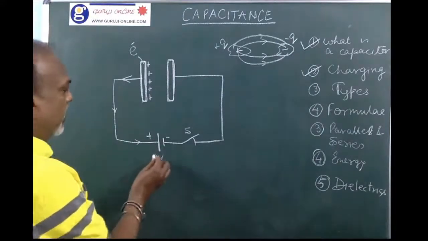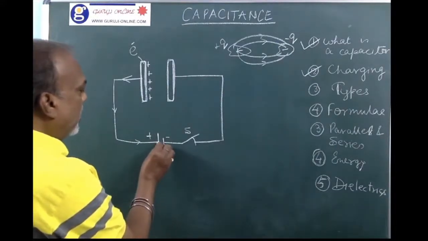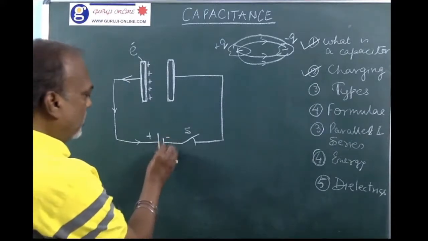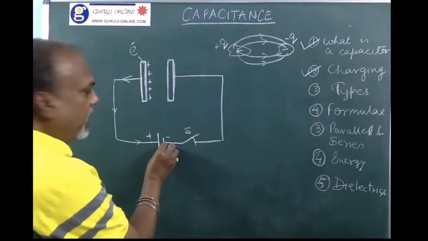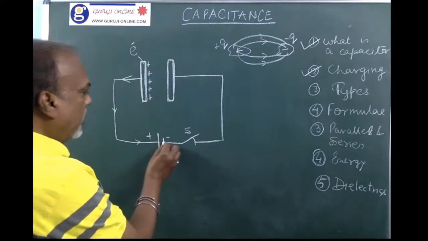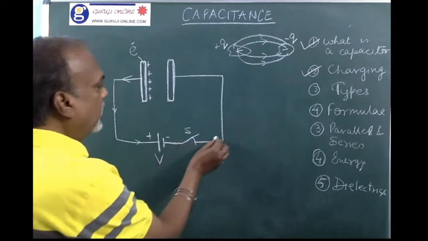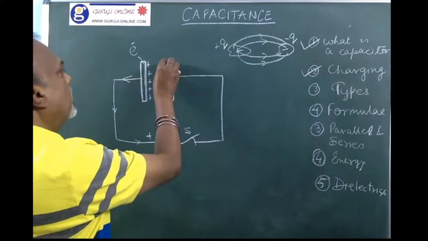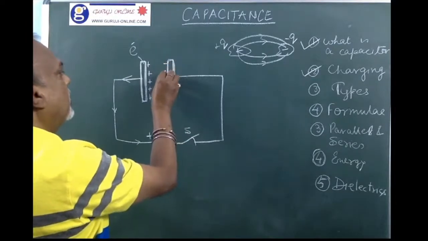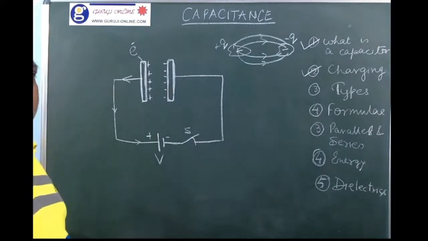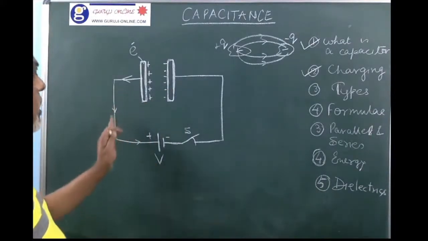Now here what is happening? This electron has come to this terminal. Now this battery will do some work, and due to that work, this electron will go to this terminal, and it will go to this plate. And naturally this will now be negatively charged. This is the charging process.